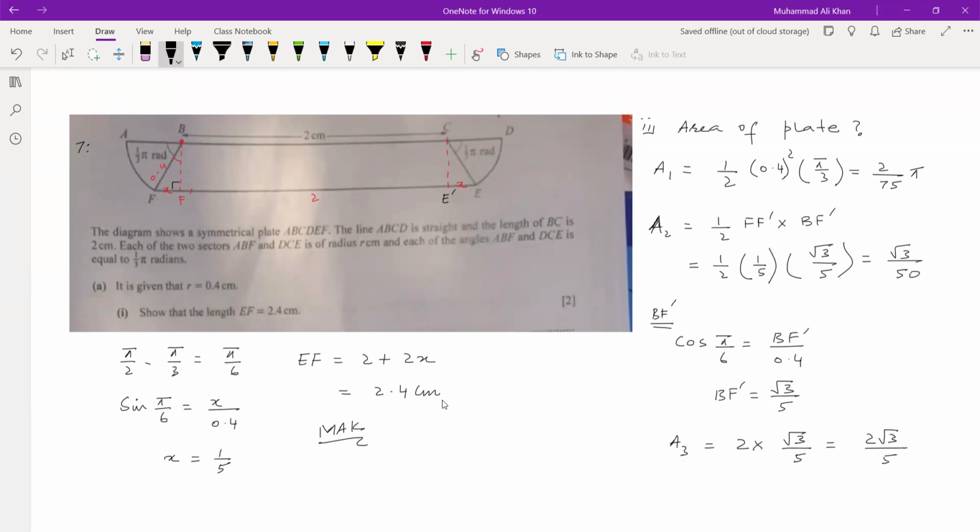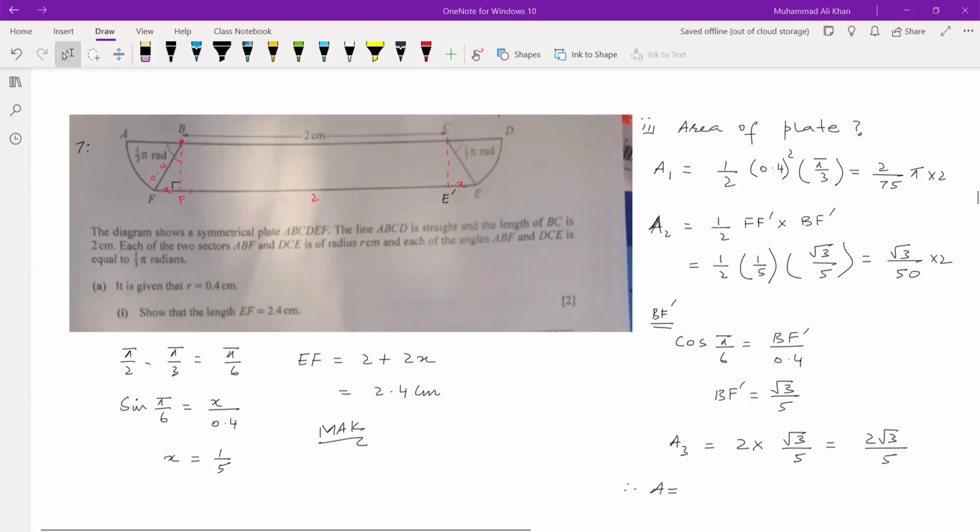Now, A1 is the area of sector and we have two sectors. So multiply it by 2. A2 is the area of triangle and we have two triangles. So again, multiply it by 2. But we have a single rectangle. So therefore, the complete area is A1 plus A2 plus A3. So what is A1?